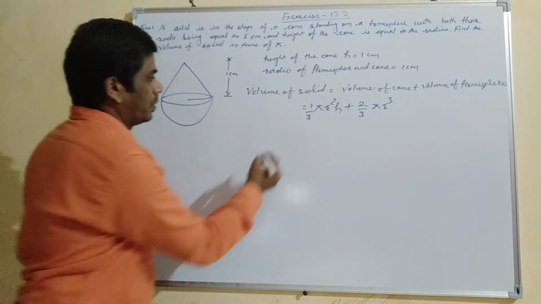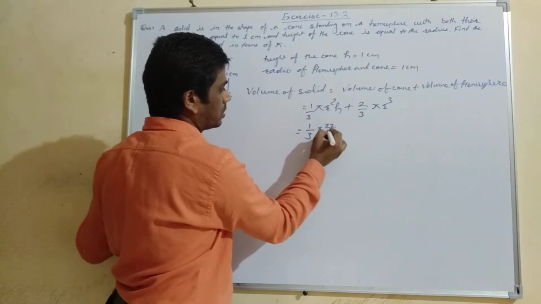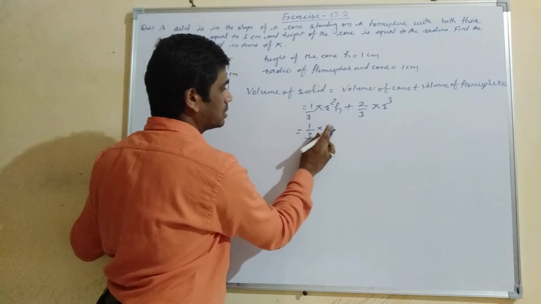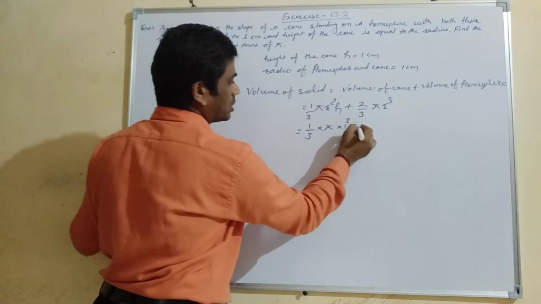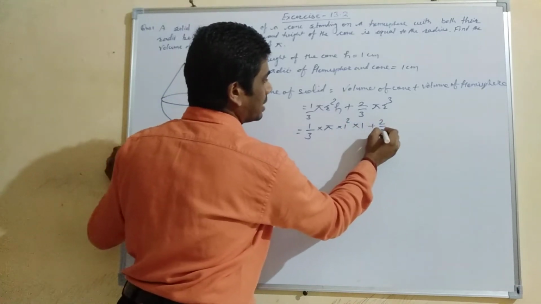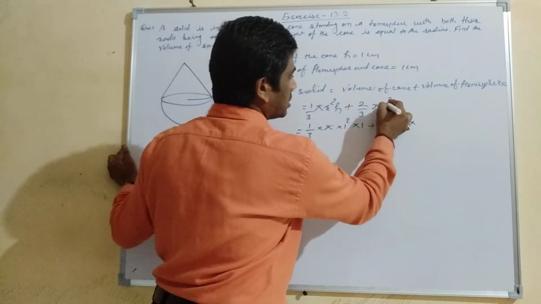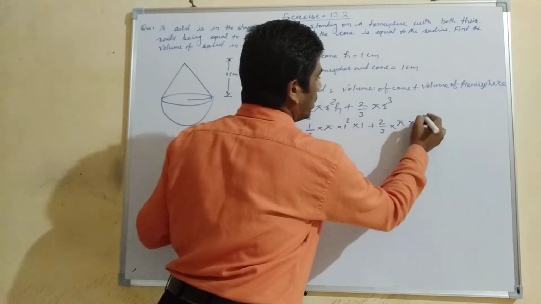Okay, now we will substitute values here. In terms of pi we have to find, so pi will be as it is, and here radius is 1 square and h is also 1, plus 2/3 pi we will write as it is, and the radius of the hemisphere also is 1 centimeter, so 1 cube.